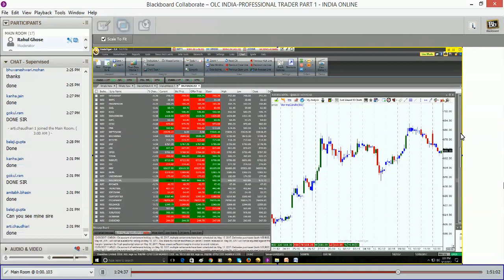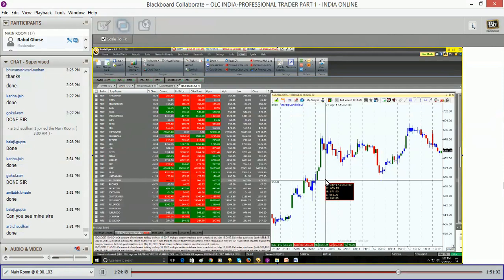Okay, Balaji, I am looking at your screen only. You're showing me Reliance Infra, okay. You've marked this one. Why does your chart look different from mine?